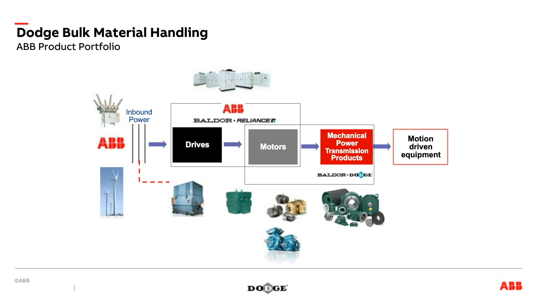All of the components in between can be part of the ABB product portfolio. And the focus of our discussion today will be mostly around the electric motors and mechanical power transmission products in the powertrain.